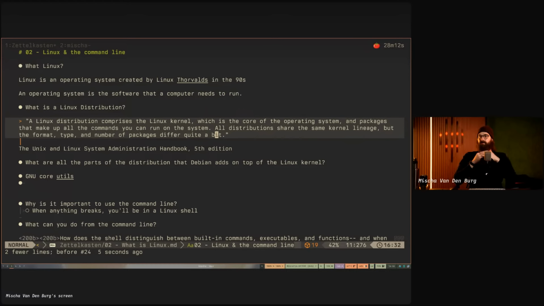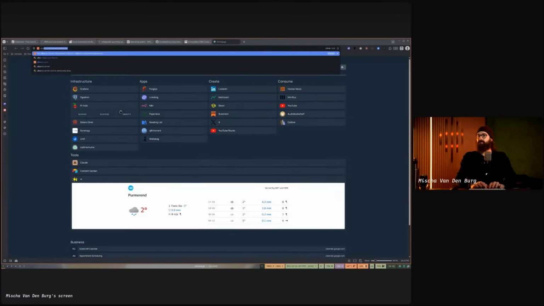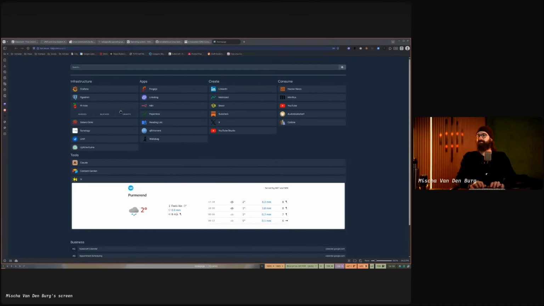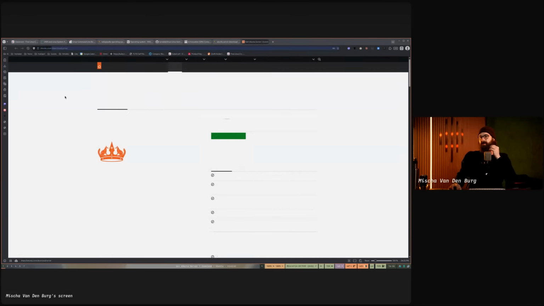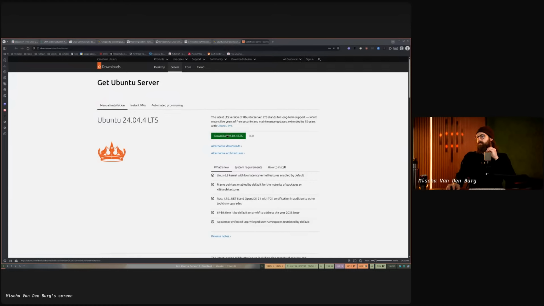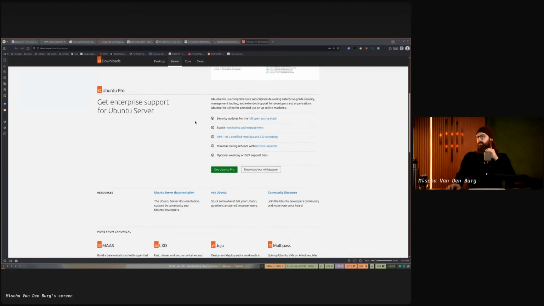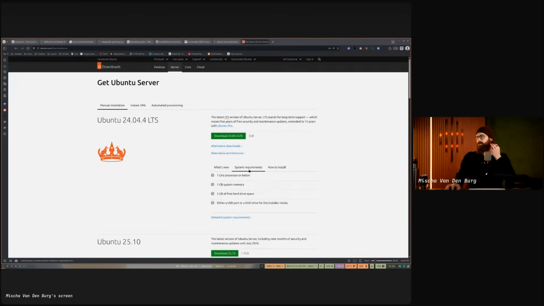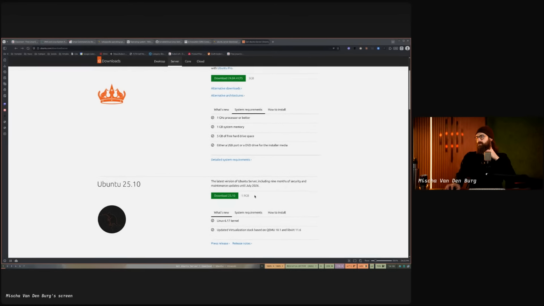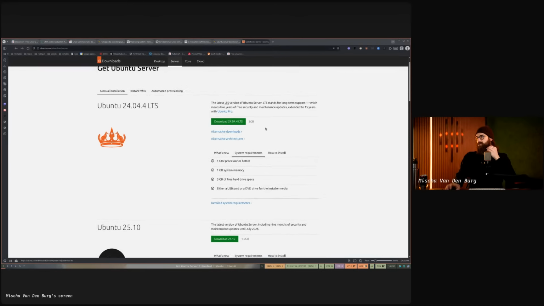But if you download Ubuntu server, actually how big is that? If you go and download Ubuntu server, does it say outright? 1.9 gigabytes.